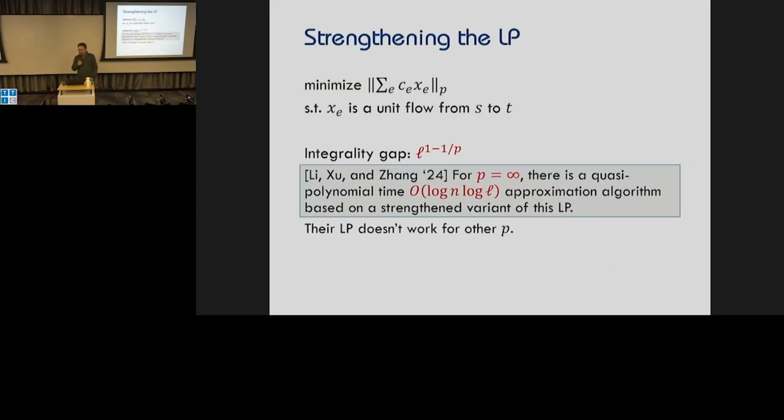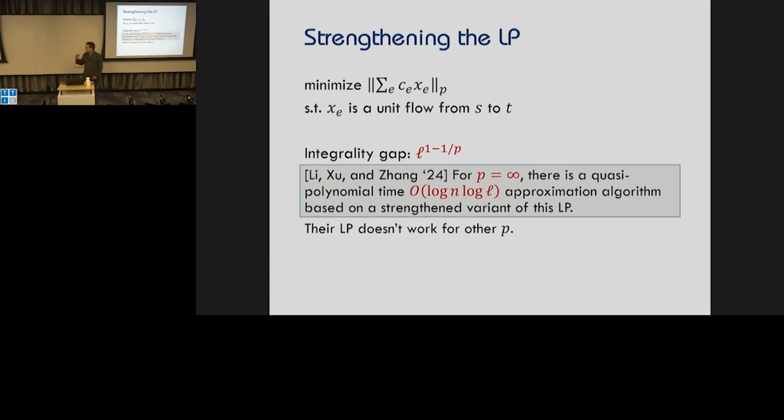So another idea is to take this LP and strengthen it. And this is what Shili, who was a research assistant professor here at TTIC a while ago, and Xu and Zhang did last year. They strengthened this LP by introducing additional constraints, and they showed how to get a log n log L approximation for p equal to infinity.